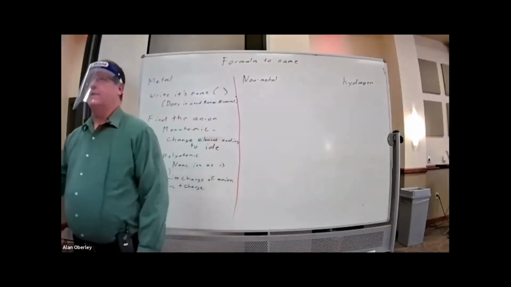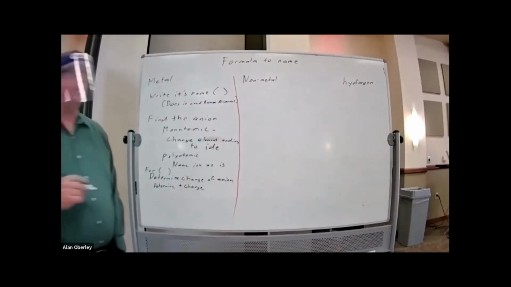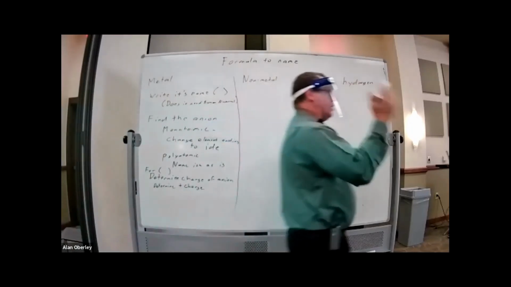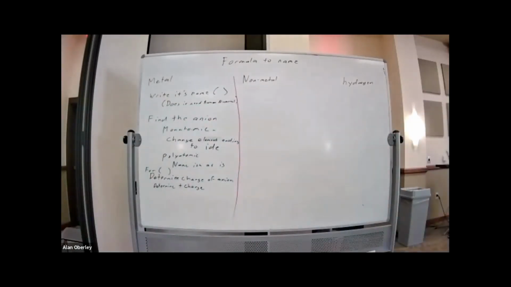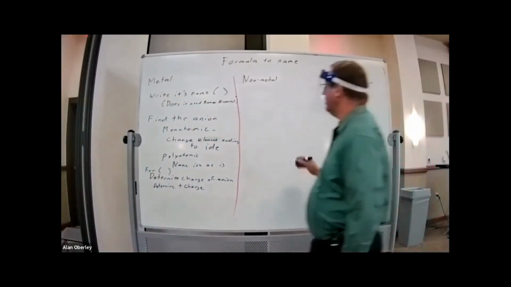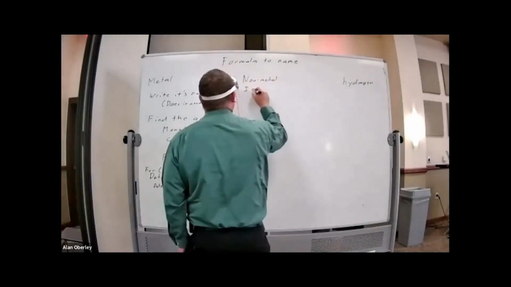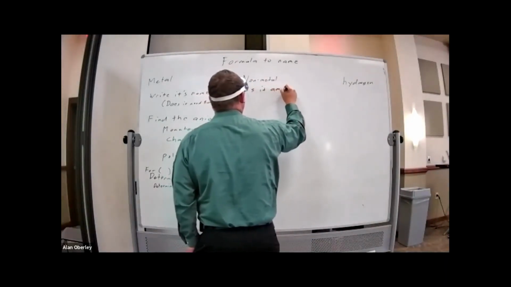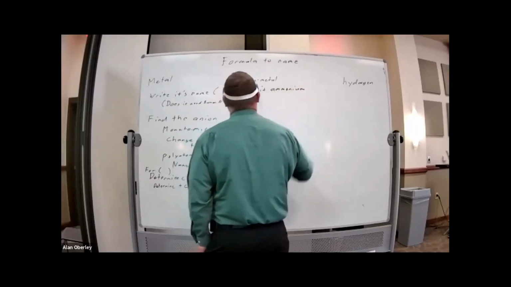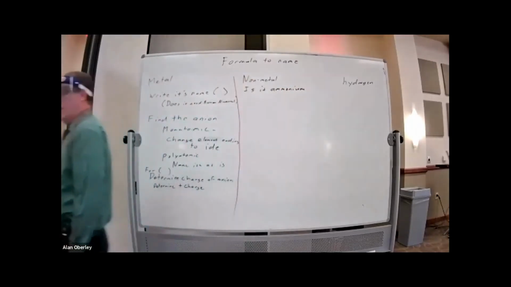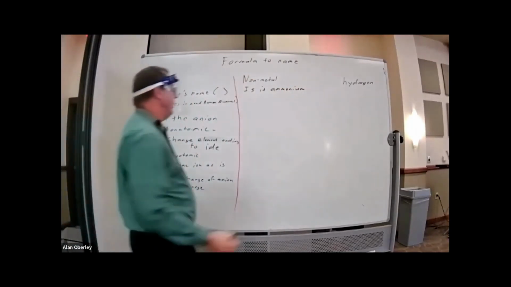All right, so for the non-metal, the first thing I want you to do is look for something specific. If the first element is not a metal, I want you to see, is it ammonium? Ammonium is going to be NH4. It might be in parentheses.